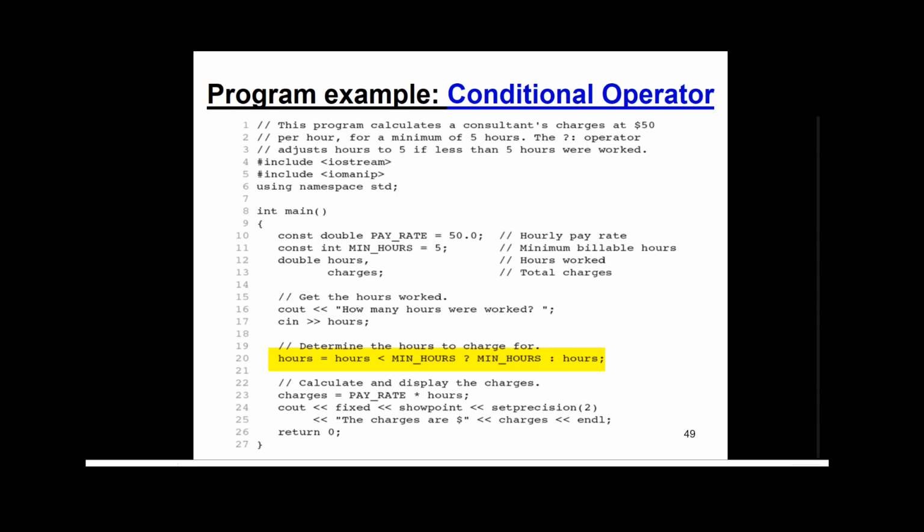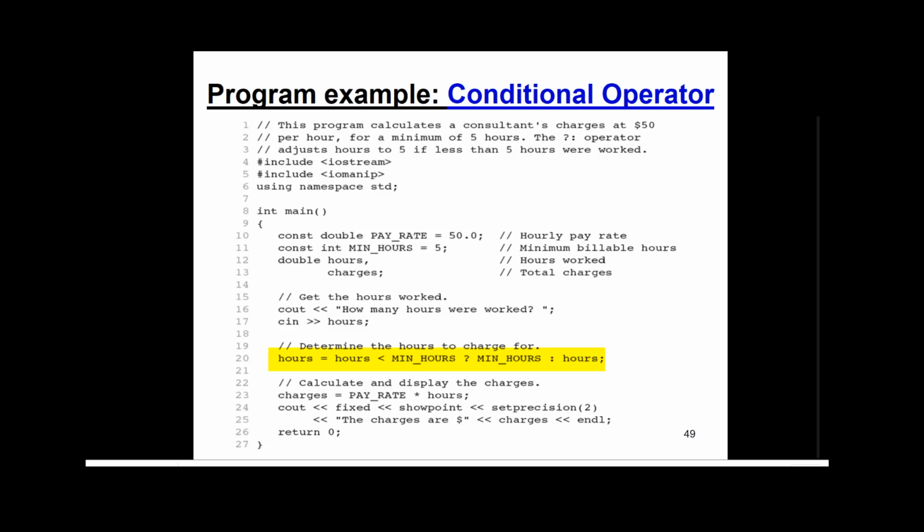If the user enters hours of less than 5, which is the minimum hours, then hours will be 5. This is the true part. However, if this is false, meaning the hours is greater than 5, like 6, 7, and so on, then we take the value that the user has entered.